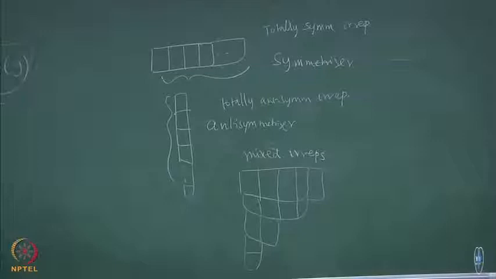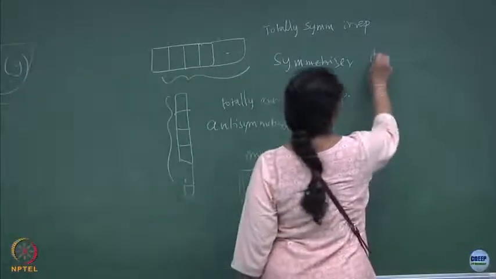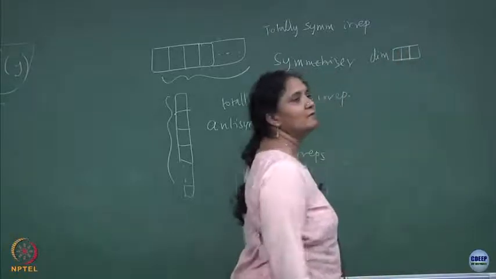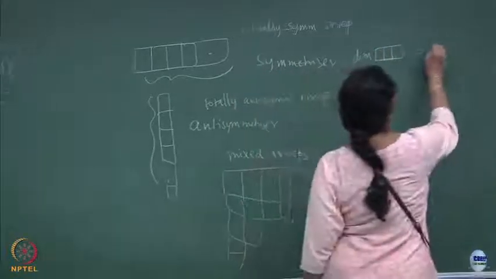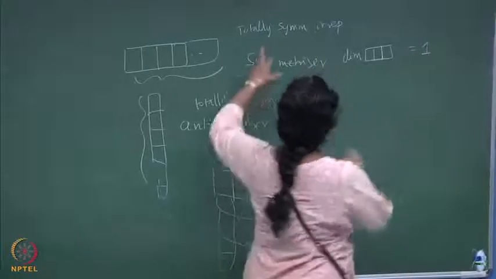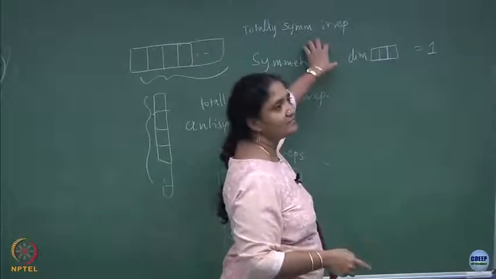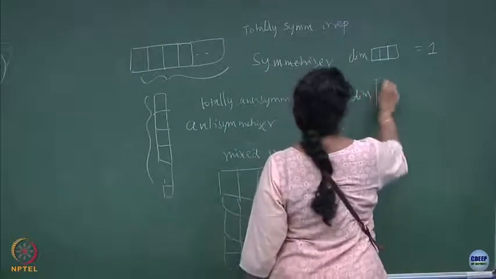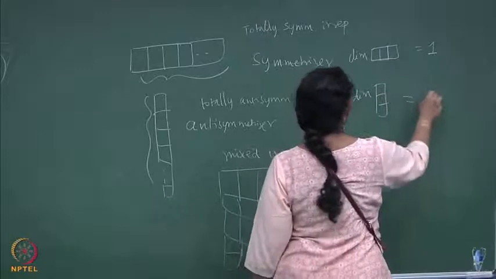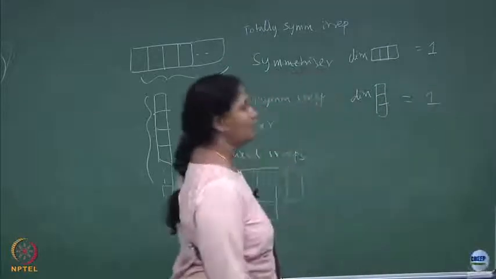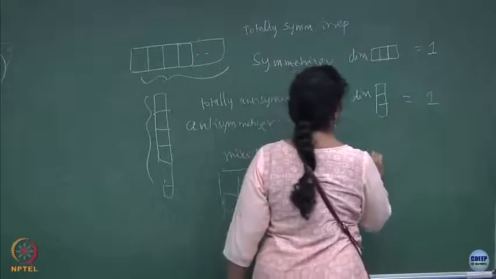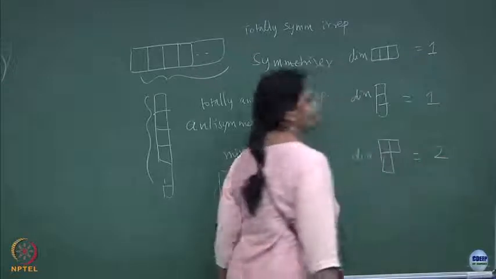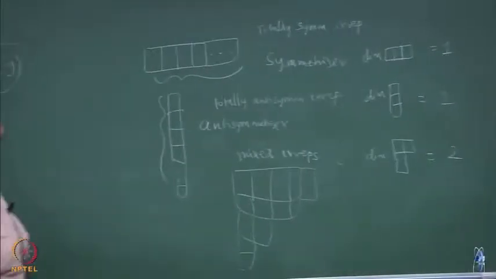Now, my claim is that dimension of 3 box is 1, which means that irrep is a 1 cross 1 representation. Then I said that dimension of this one is 1, dimension of this one is 2. This is what I am claiming.